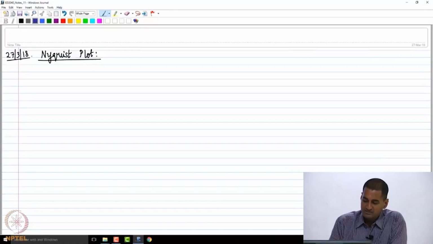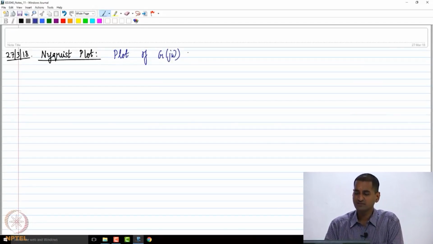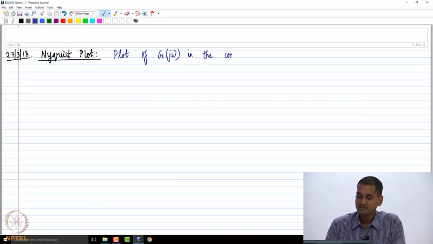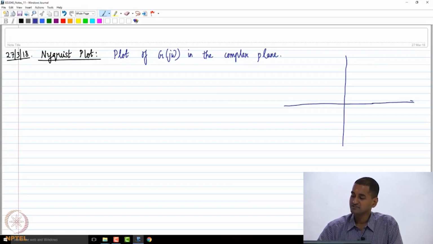So what is this Nyquist plot? A Nyquist plot is nothing but the plot of G of j omega, which is the sinusoidal transfer function, in the complex plane. That's it. It is pretty straightforward to understand. We essentially plot the real part of the sinusoidal transfer function versus the imaginary part of the sinusoidal transfer function in the complex plane.